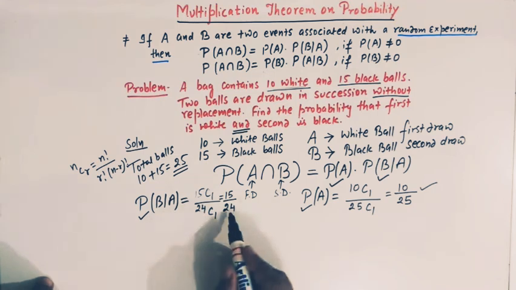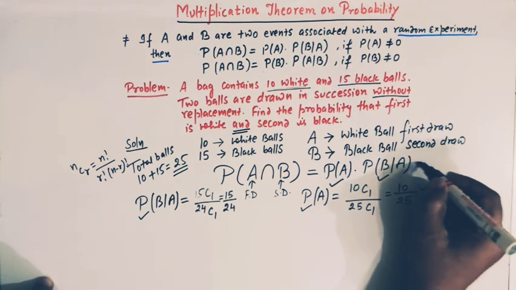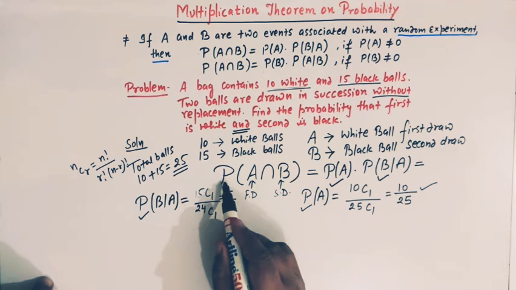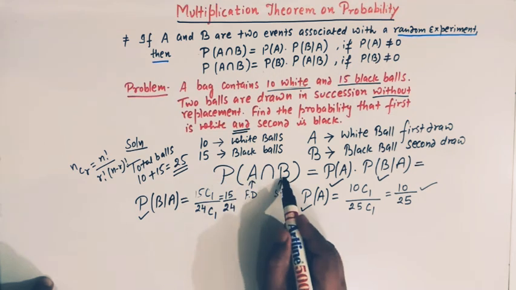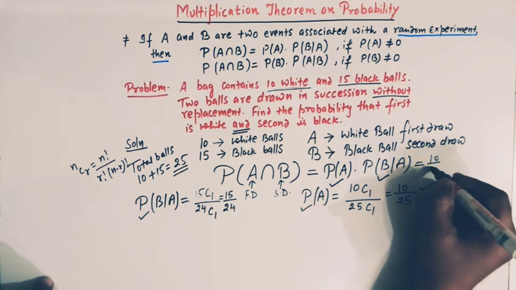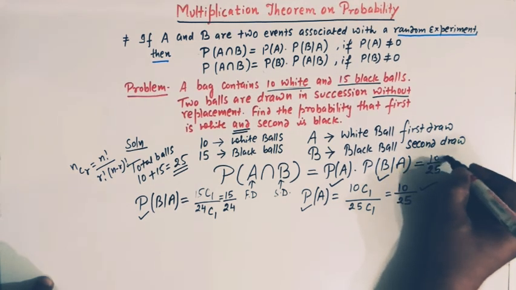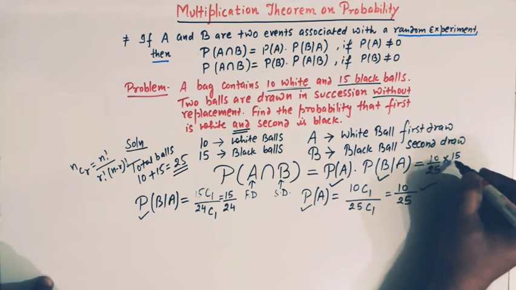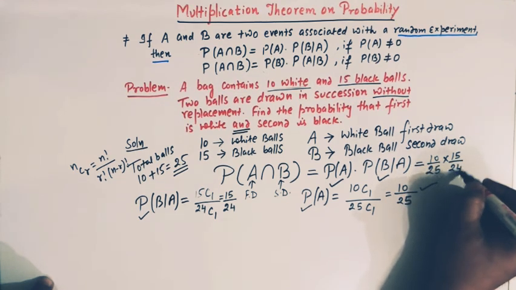So now substituting these values here, the required probability of A intersection B is given by 10 divided by 25 multiplied by 15 divided by 24.